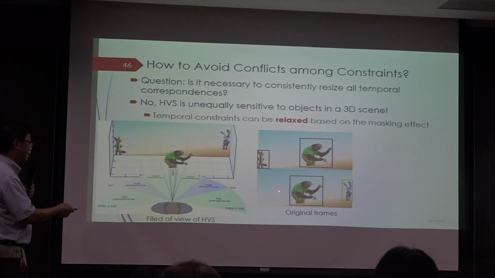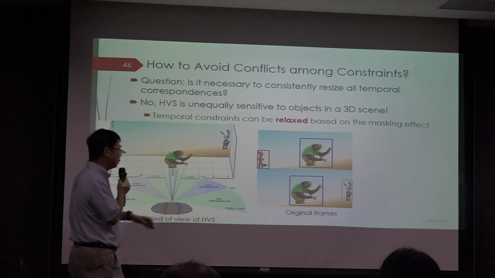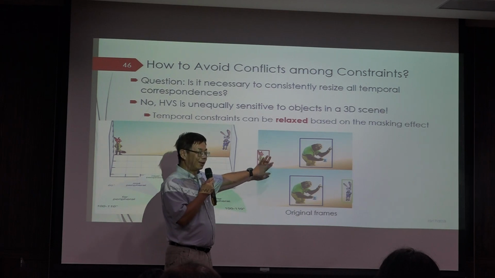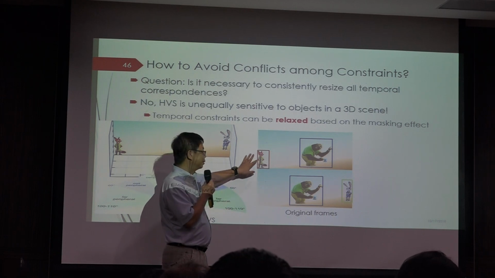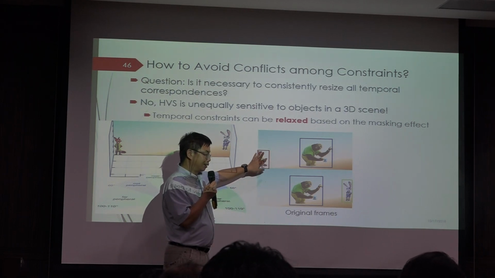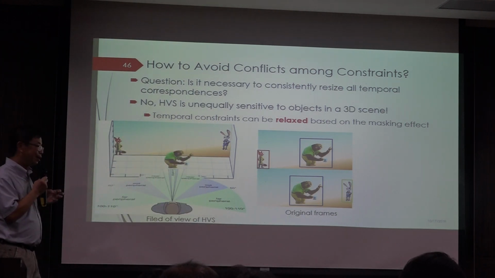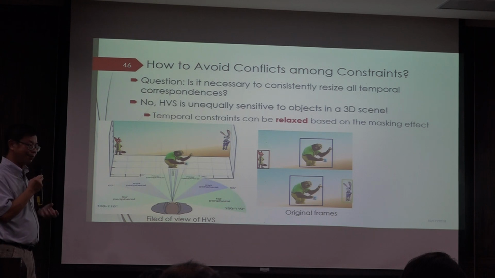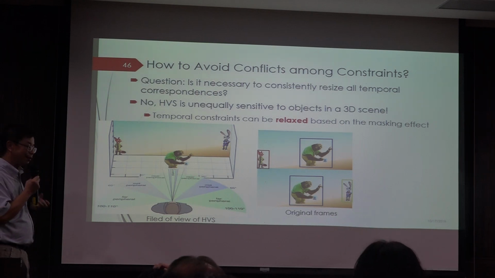Since our visual system is less sensitive to these objects, we cannot see them very clearly. So if we relax the temporal constraints on these objects, although it will introduce some temporal incoherence artifacts, since our visual system is not sensitive to these objects, we will not perceive such artifacts clearly, which will not cause any big problem in the viewing experience.